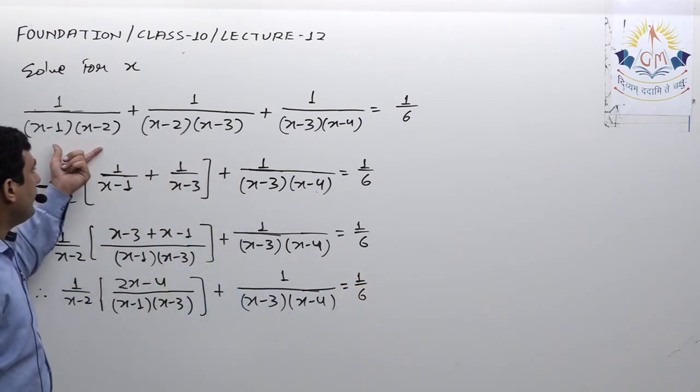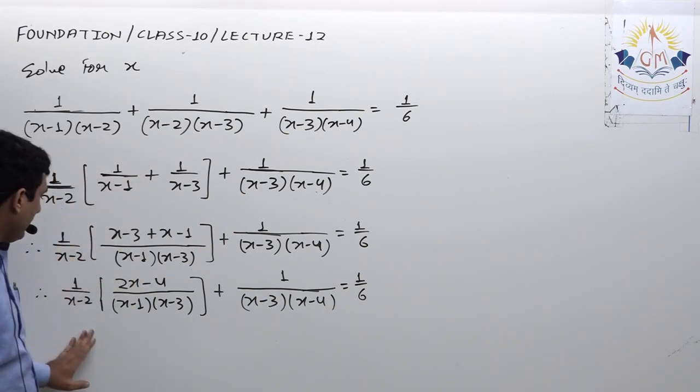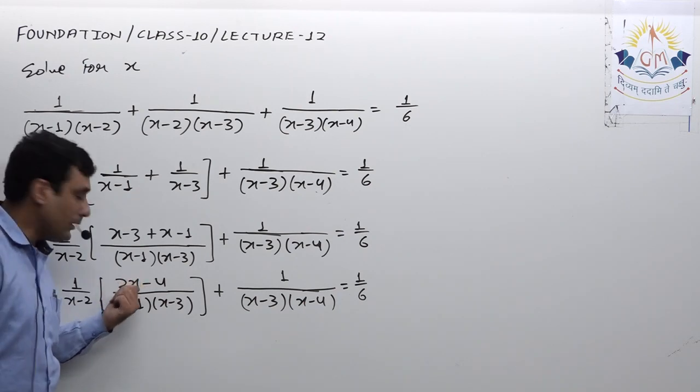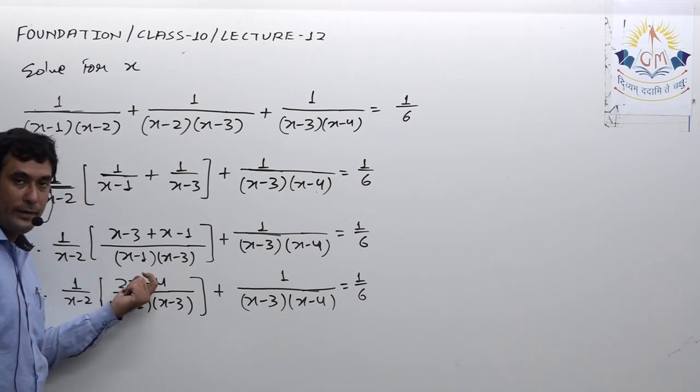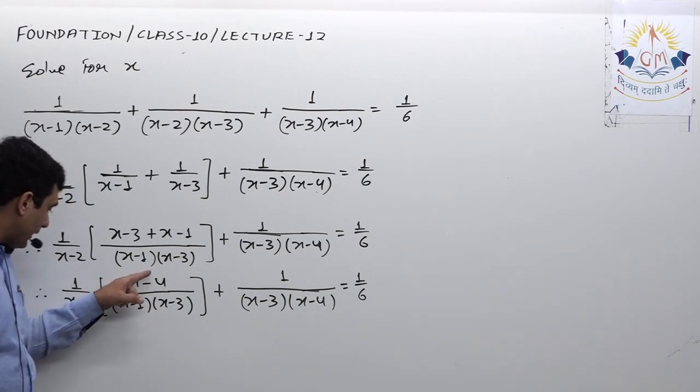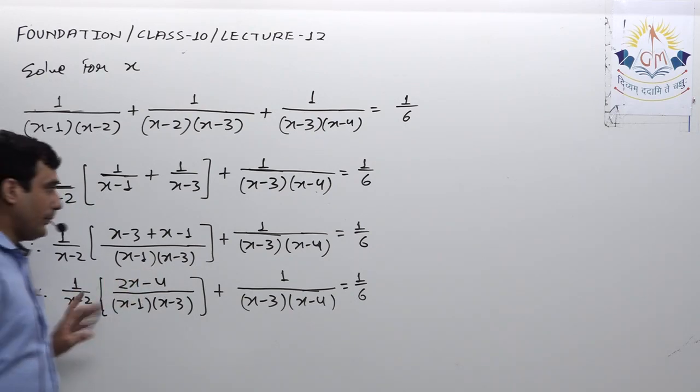Simply, I took common from these two, and by simplifying I reached this point. Now if you observe the numerator, it is 2x minus 4. If I take 2 common, it becomes x minus 2, and that x minus 2 will cancel out with this x minus 2.